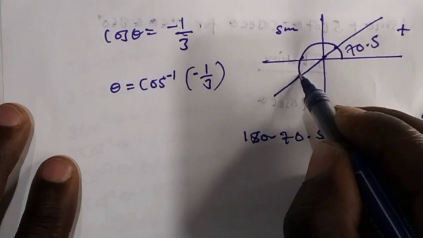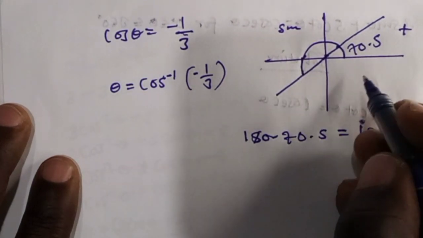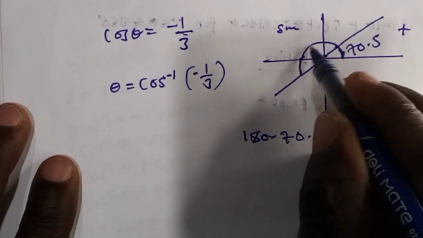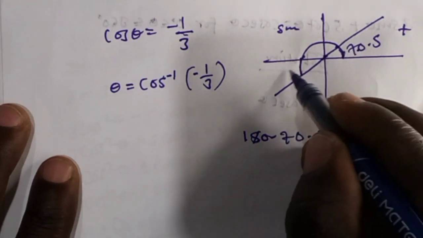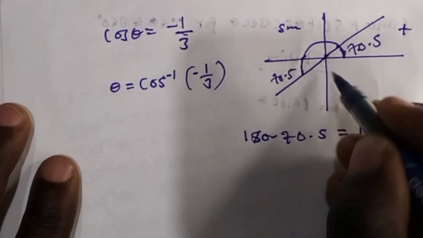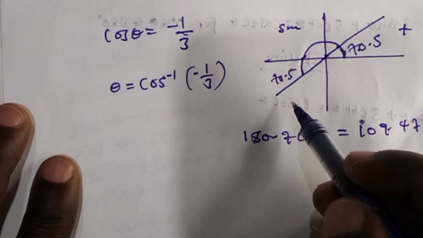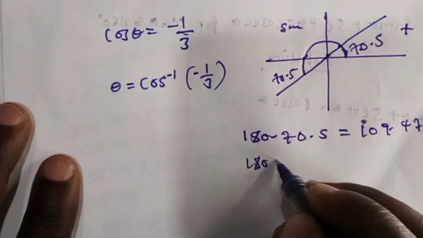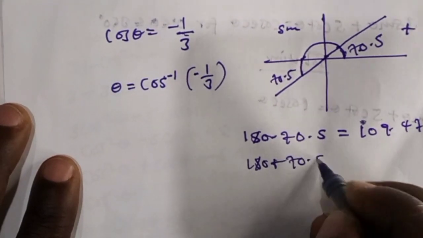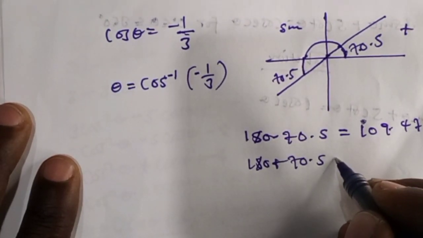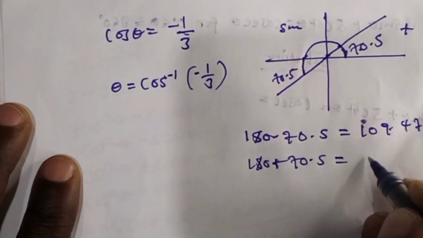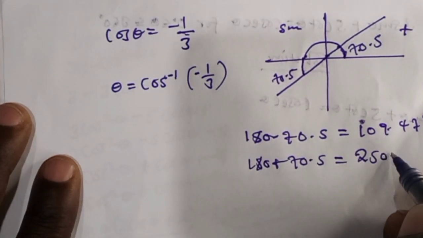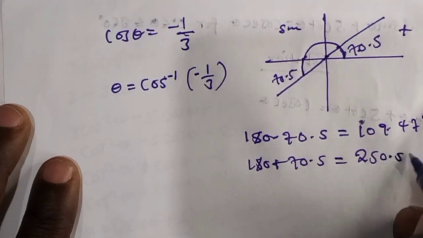Then let's move to where cos is also negative, because here cos is negative too, right? So we say 180, a reflection of 70.5, so 180 plus 70.5 equals 250.5 degrees.